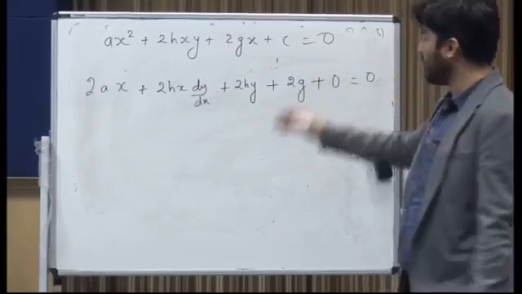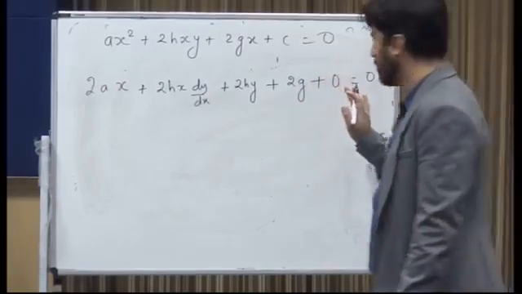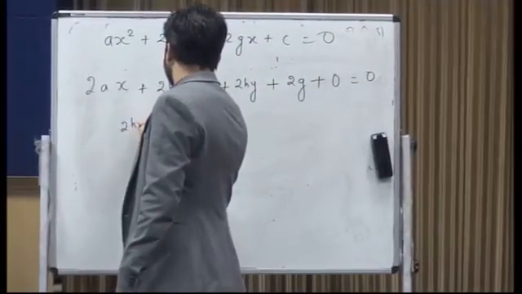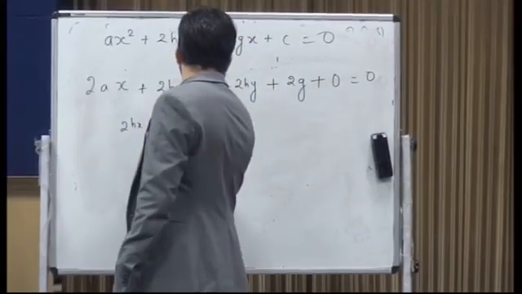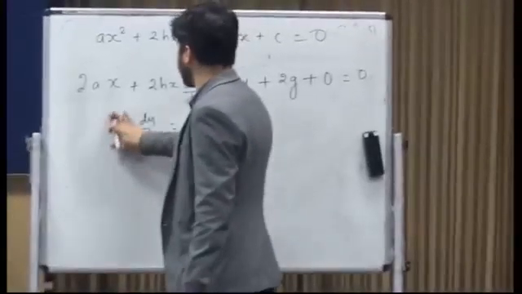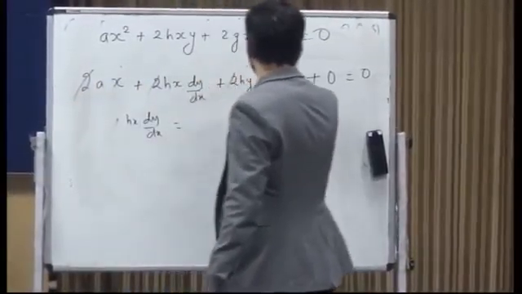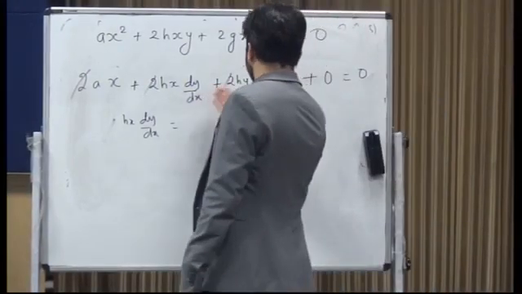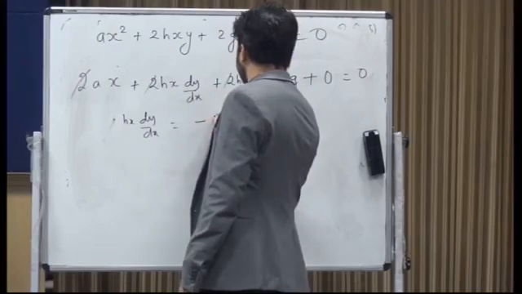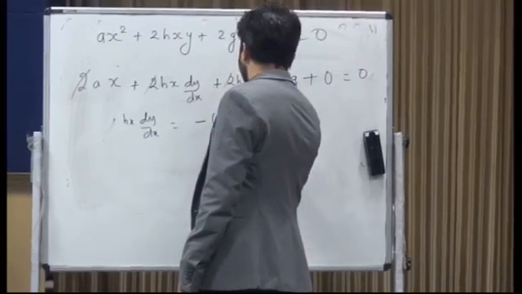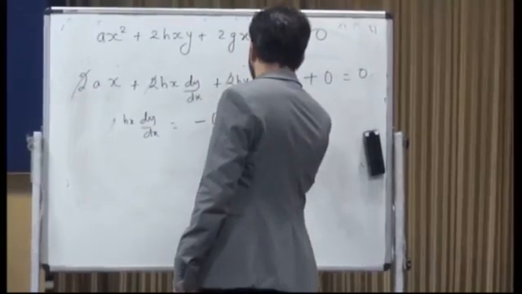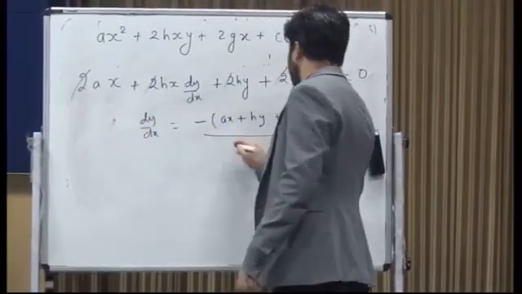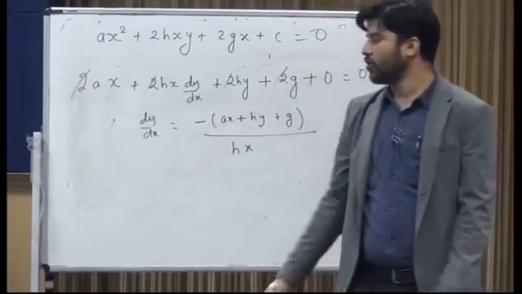Now we have got an equation जिसमें dy by dx है, so I can tell you what is dy by dx. क्या होगा dy by dx? अगर गौर से देखें तो 2hx dy by dx is equal to, सबके 2 पहले हटा दो, 2 2 2 2 all gone, okay. सारे बंदों को इधर ले जाओ, माइनस (ax प्लस hy प्लस g), और ये hx को इधर की तरफ ले आओ, hx, राइट और रॉन्ग?